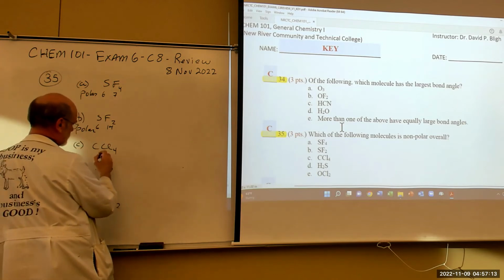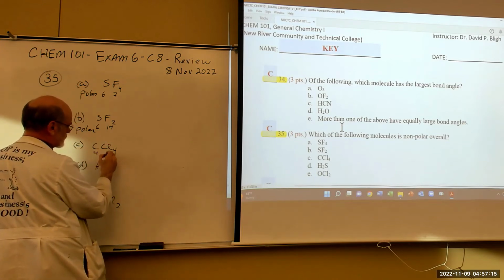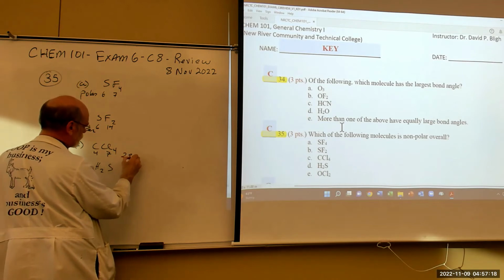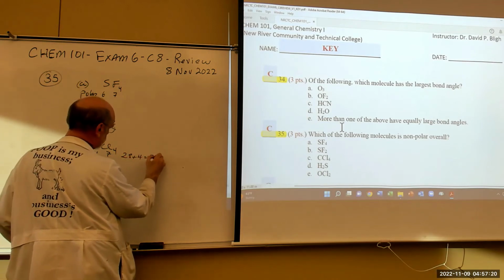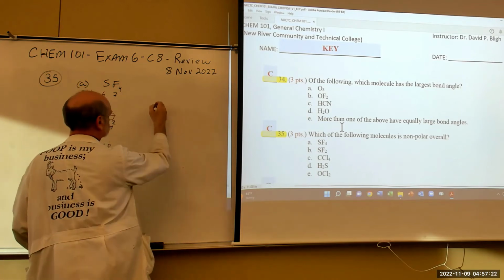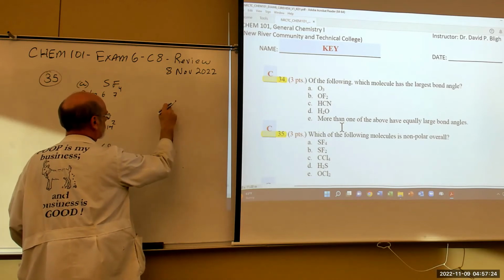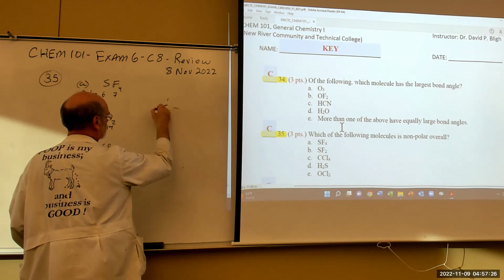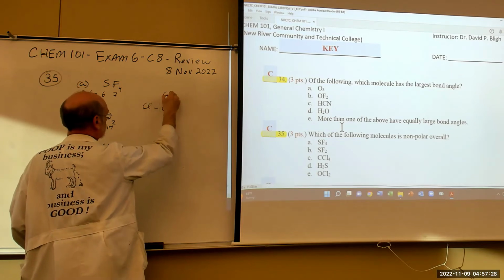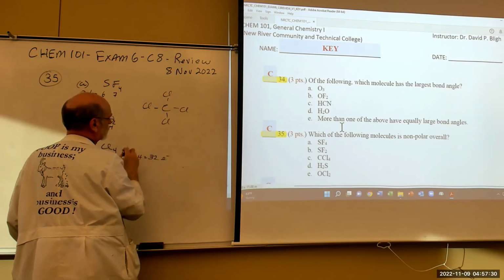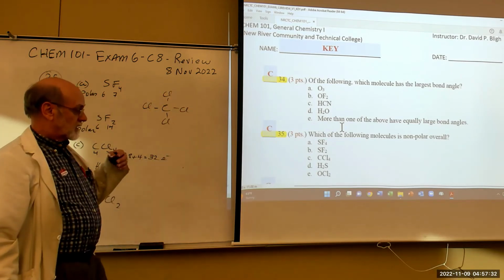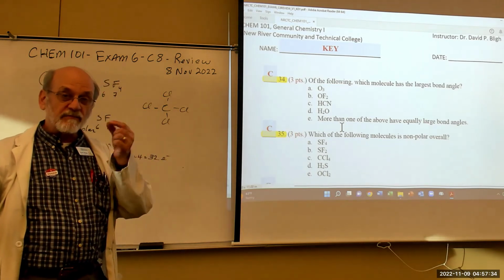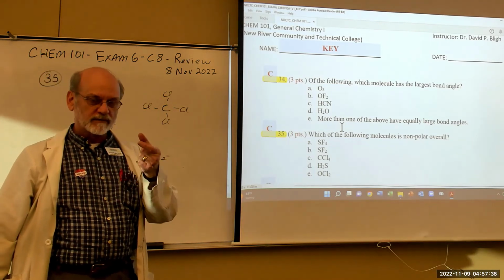Carbon tetrachloride. So you have 4 here, and 7 times 4 is 28, plus 4 is 32. 32 electrons. Carbon, chlorine, chlorine, chlorine, chlorine. Now, all of these bonds, the individual bonds are polar.